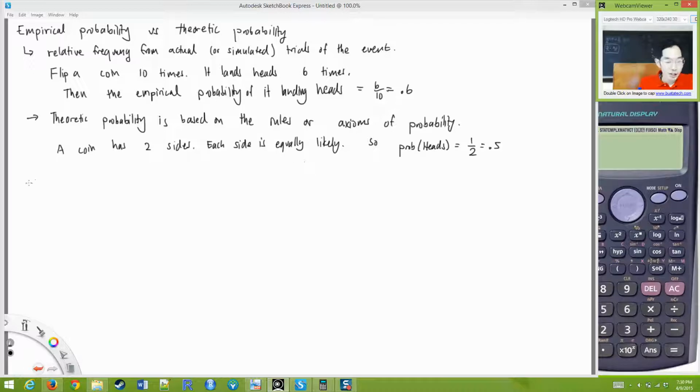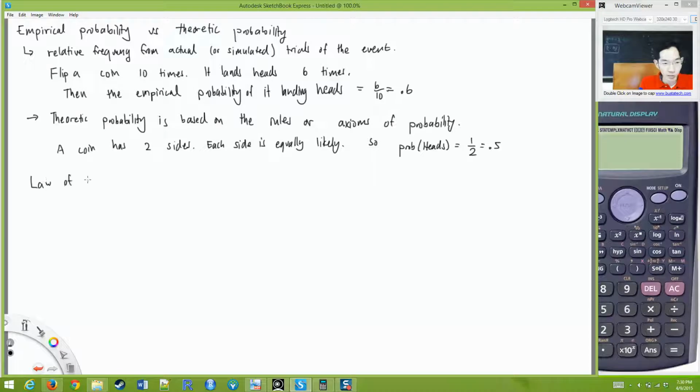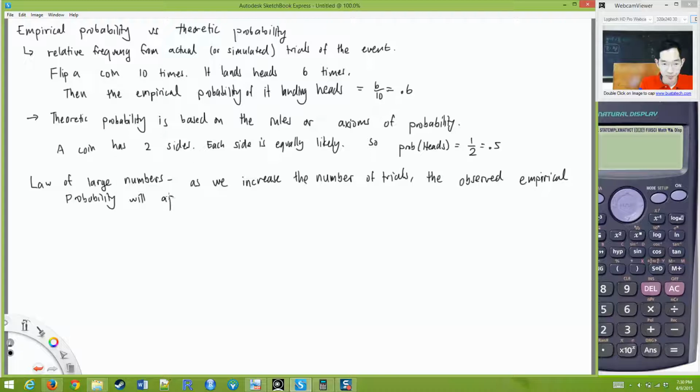Okay, and the idea is that according to the law of large numbers, as we increase the number of trials, the observed empirical probability will approach the theoretic probability.